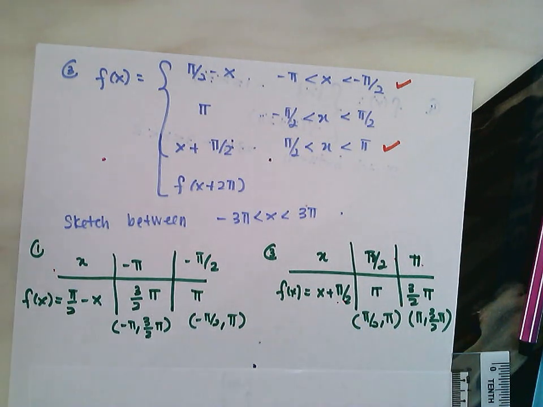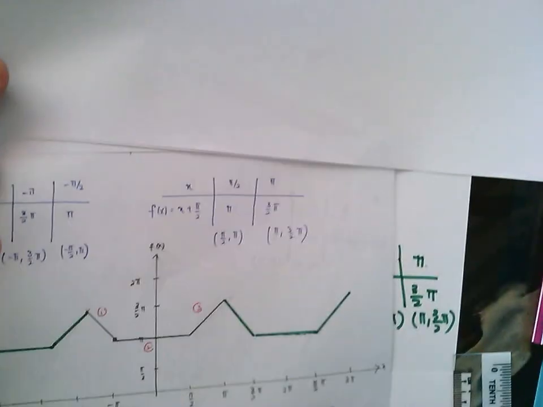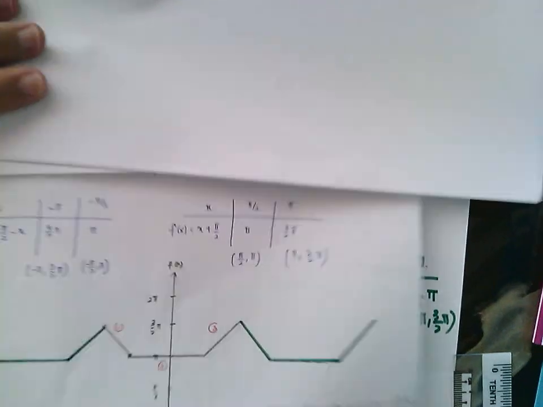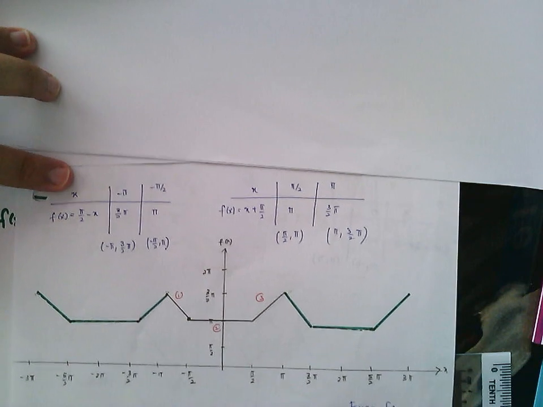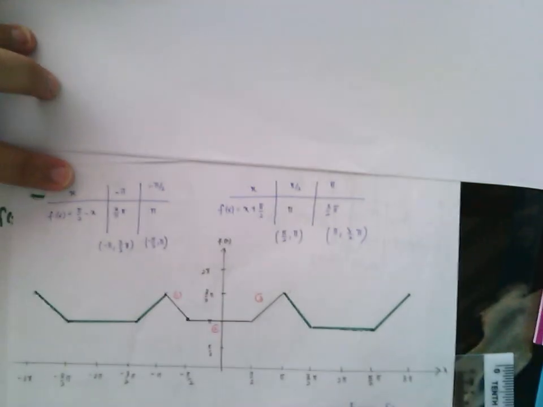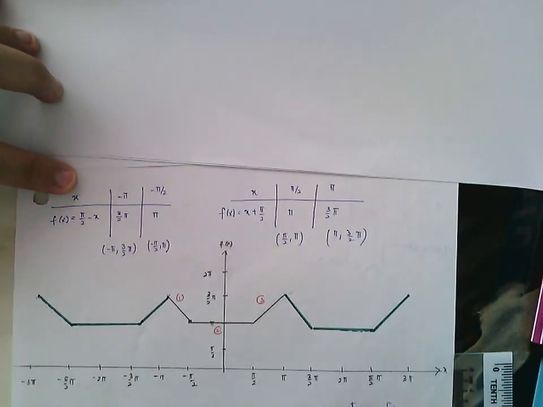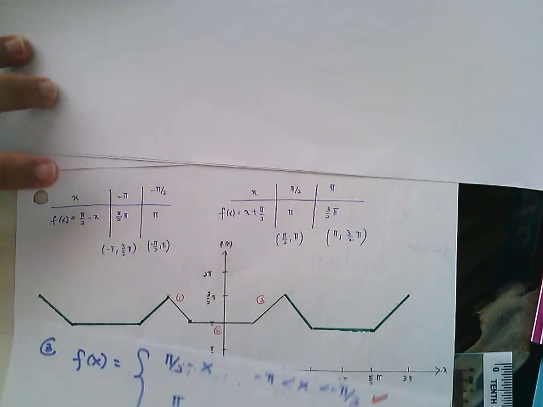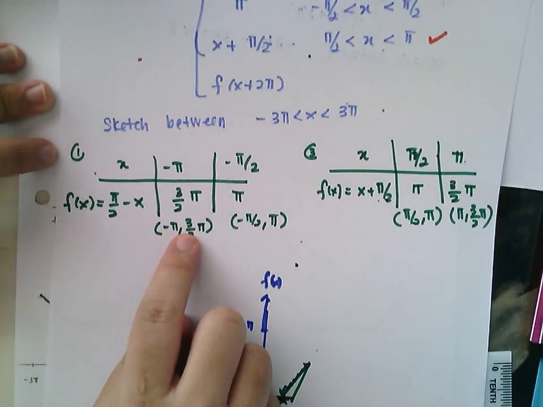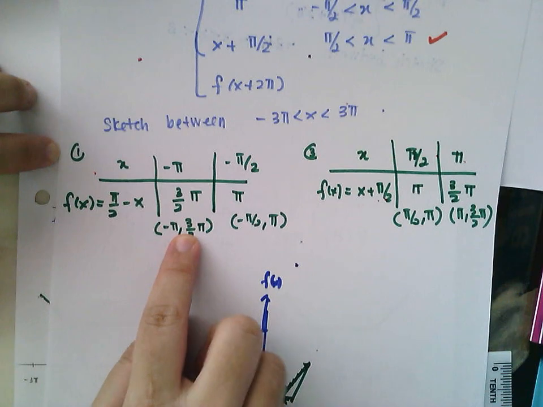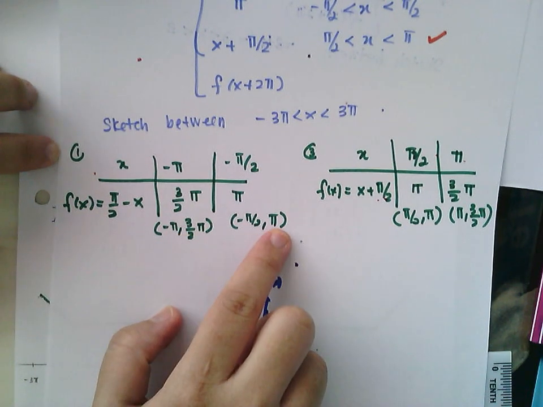Okay, so by considering this one, I already plotted and I will just explain. The first function here, as you can see, you have a point (negative pi, 3 over 2 pi), and another one is (negative pi over 2, pi).